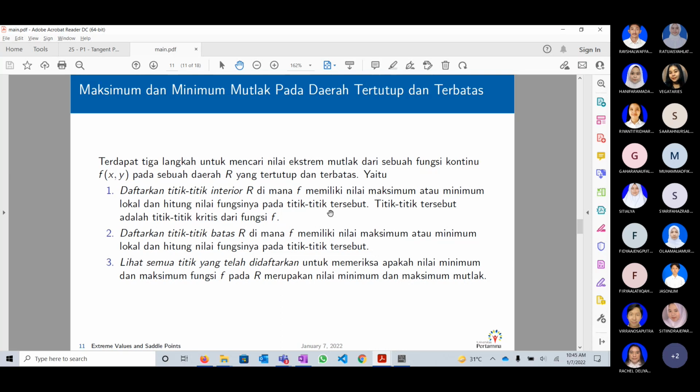It means that we need to find the critical points of f, and then we also list the maximum and minimum values on the boundary. Then we simply need to find which one is the absolute maximum or absolute minimum.